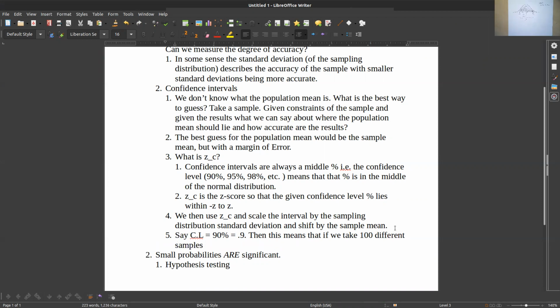I take a sample, do a confidence interval, put those numbers back, do another sample, do a confidence interval. We take 100 different samples of the same size. Then 90 of them should contain the true population.